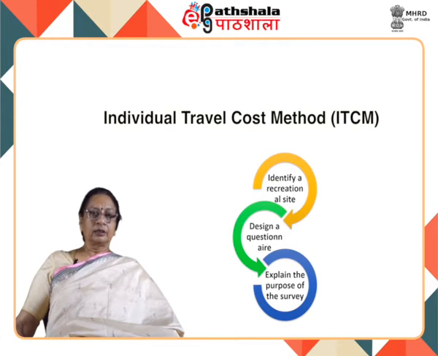Second, design a questionnaire that consists of questions on dependent and explanatory variables required for the valuation. Third, questionnaire should clearly explain the purpose of the survey at the beginning of the interview so that good to be valued is well understood by its users.